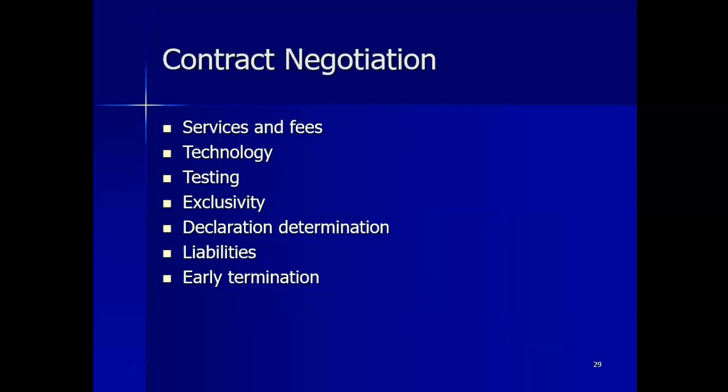And contract negotiations include factors such as services and fees, IT, testing, exclusivity, declaration determination, liabilities, and early termination. So these service level agreements are written documents between organizations that specify services and or performance levels to be provided.